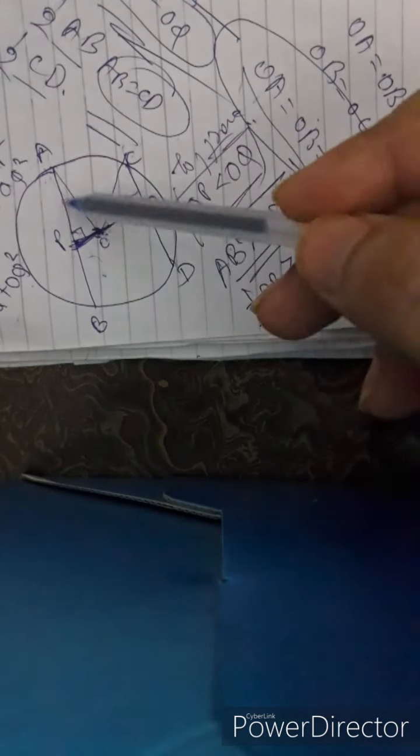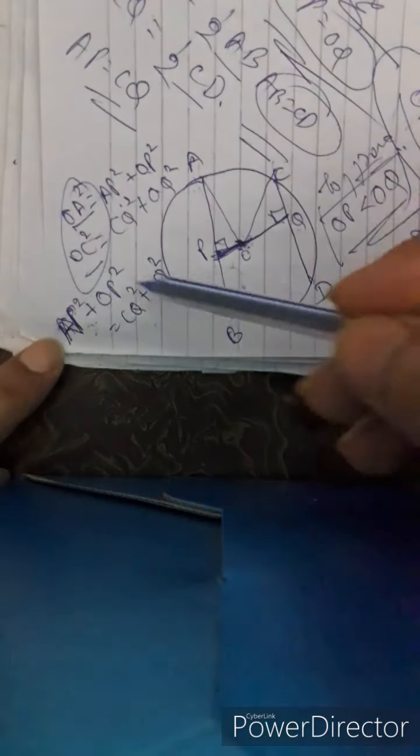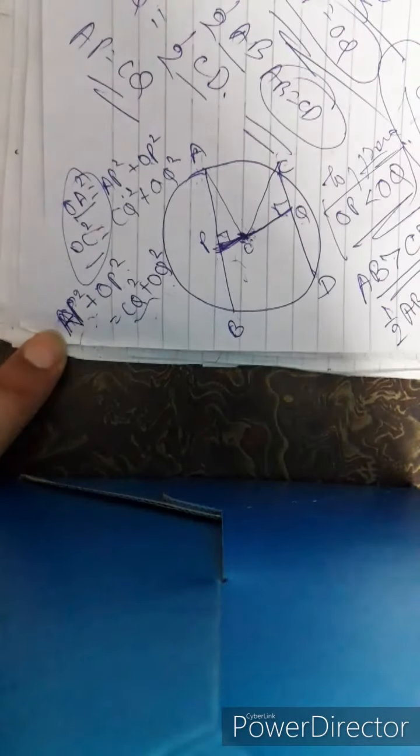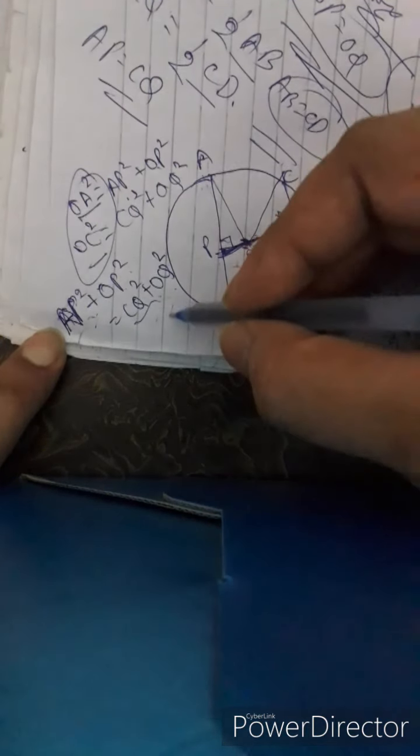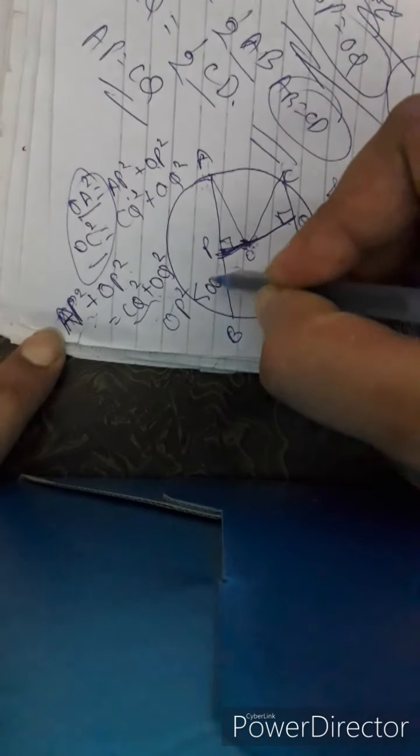Hence we get AP square plus OP square equals CQ square plus OQ square. Now we know AP has been proved to be greater than CQ. Since AP is greater than CQ, for this equation to be satisfied, OP square should be less than OQ square.